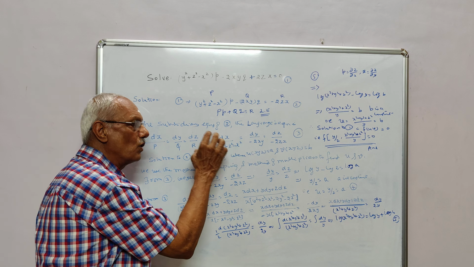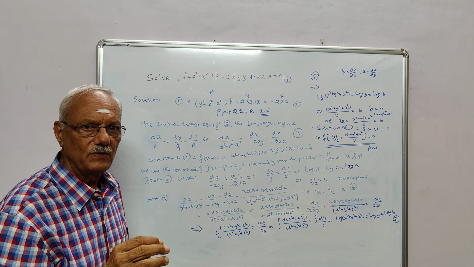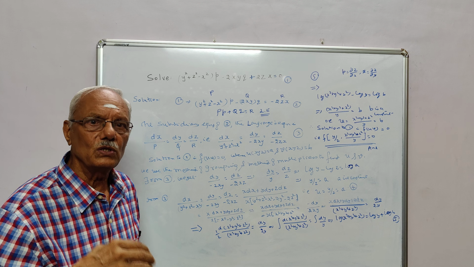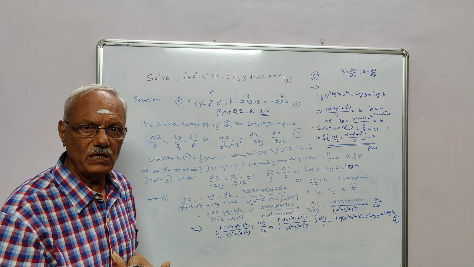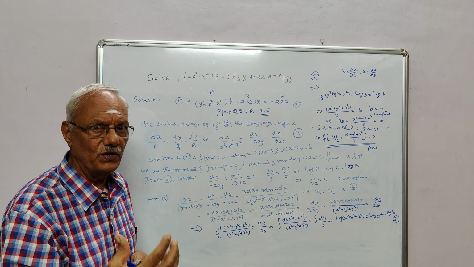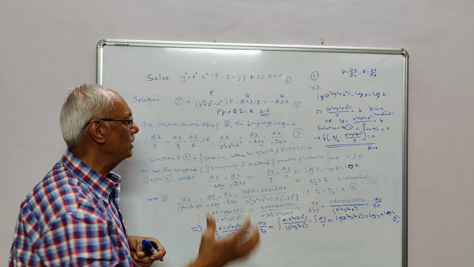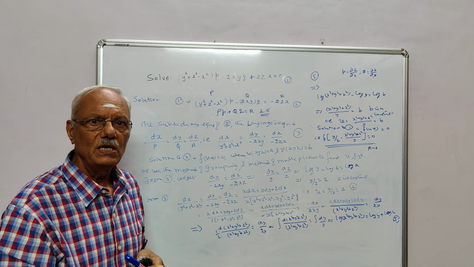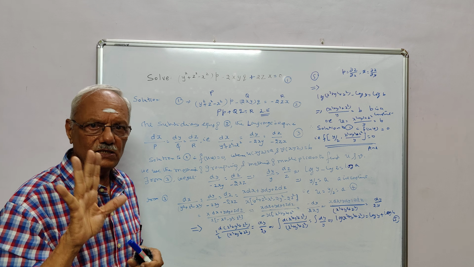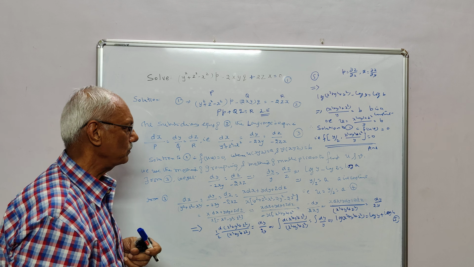Having got this subsidiary equation, now we have to find u and v, which are functions of x, y, z, so that f of uv is equal to 0 is the solution to the problem.